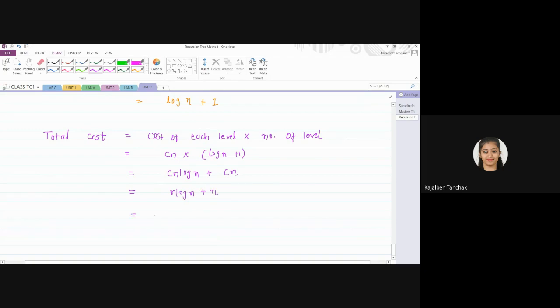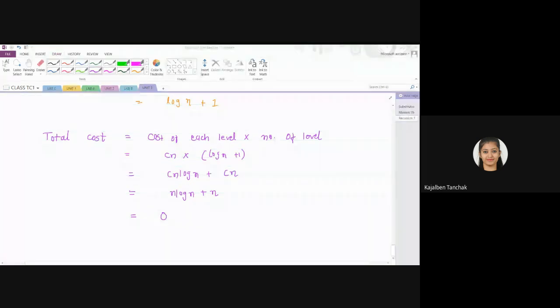Which one is maximum? Out of these two terms, which one is maximum? Tell me. What do you think about this? n log n is maximum or n is maximum? Which one is maximum, everyone? Please tell me.